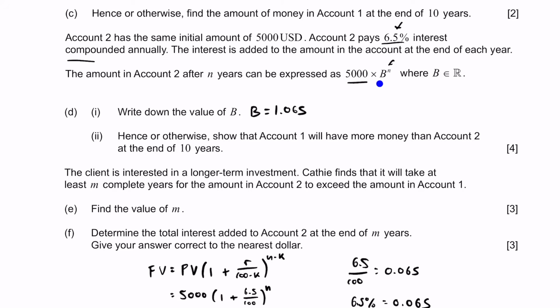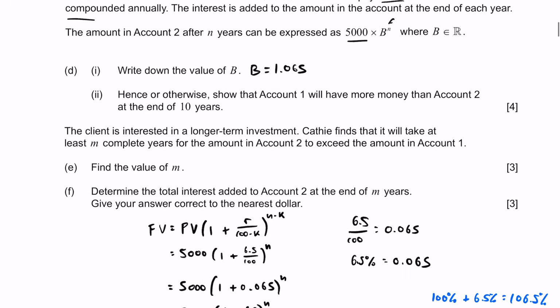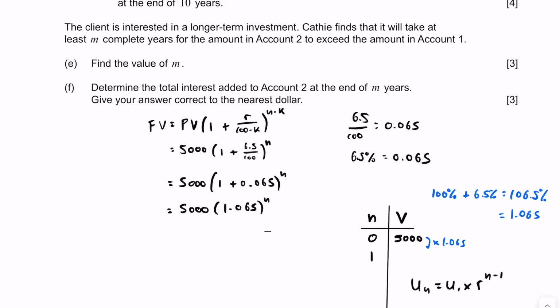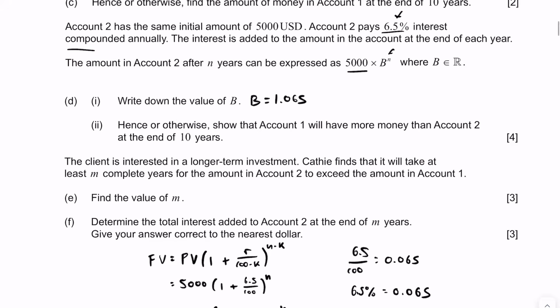R is the common ratio, what we multiply by to go from one term to the next, raised to the power of, in this case it's n, where we have n minus 1, that's just because we're starting at the 0th term, and it's maybe slightly different. But this is still our common ratio, what we multiply by to go from one term to the next. Okay, another way to solve it and find this value of 1.065.